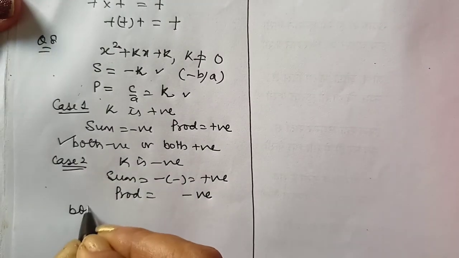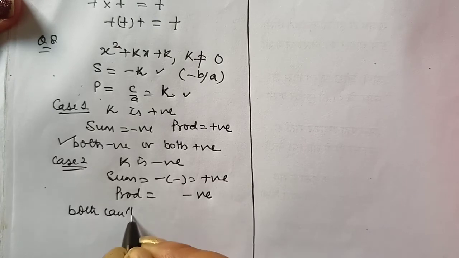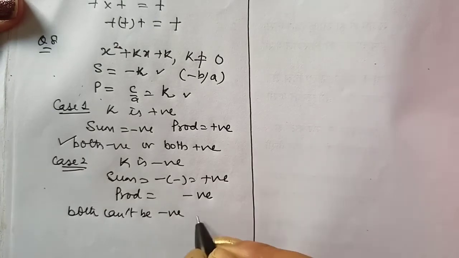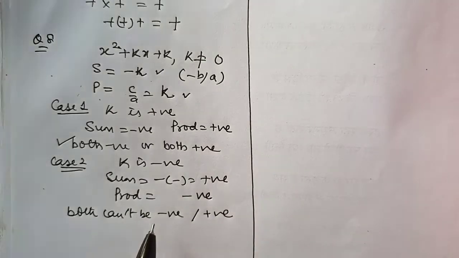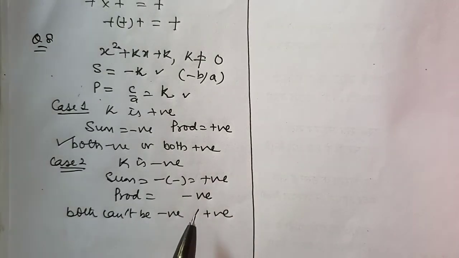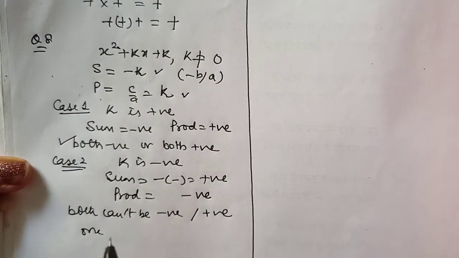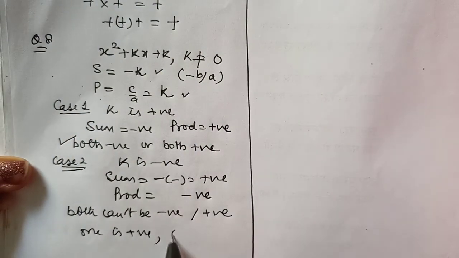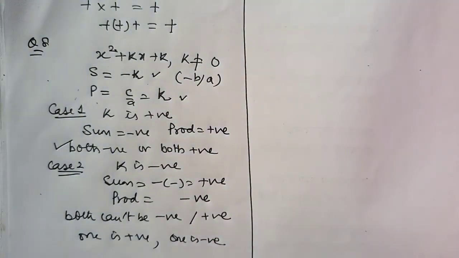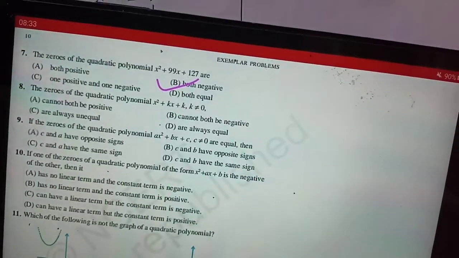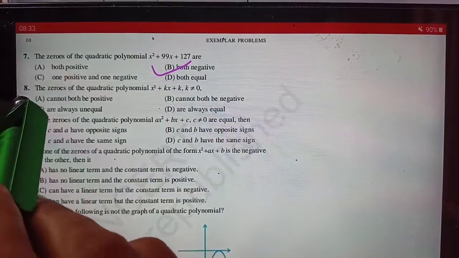It means both can't be negative or positive, right? Because product is negative, so one of them has to be negative. One is positive and one is negative. Alright. So let us check out for the option. That means our A option is correct.